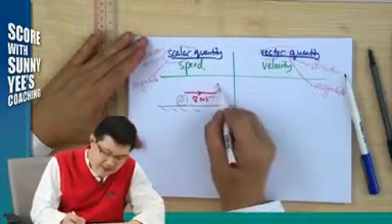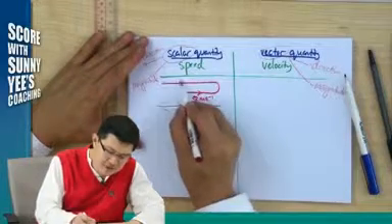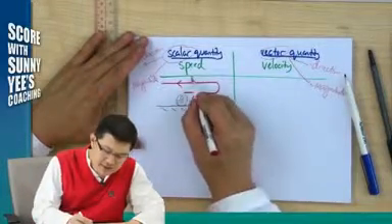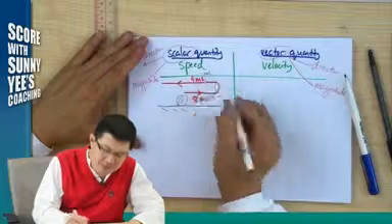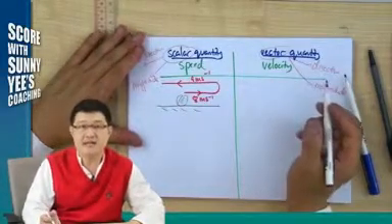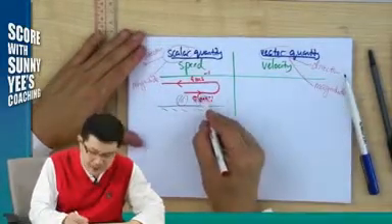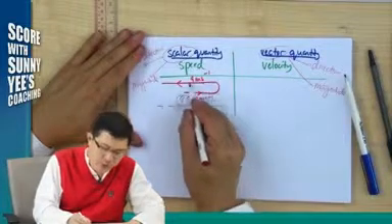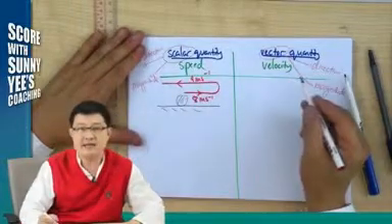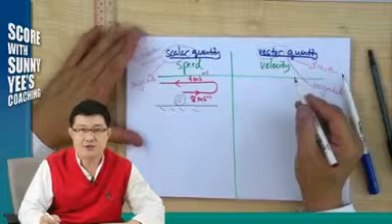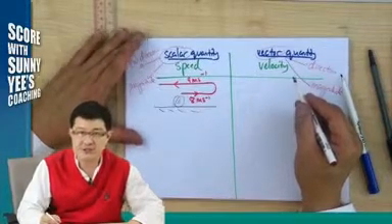After that, it makes a U-turn backwards. It moves with 9 meters per second, so the speed is still 9 meters per second. Going backwards, 9 meters per second is also the speed. So speed has no direction.